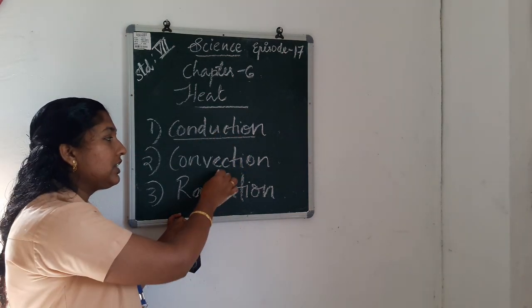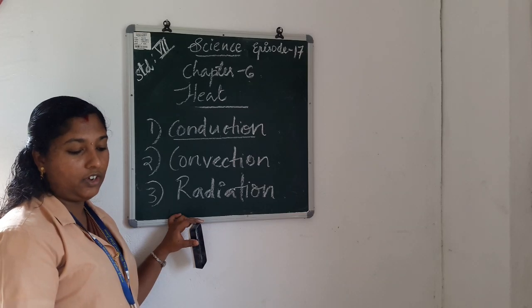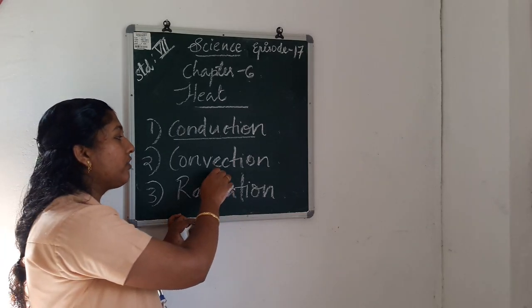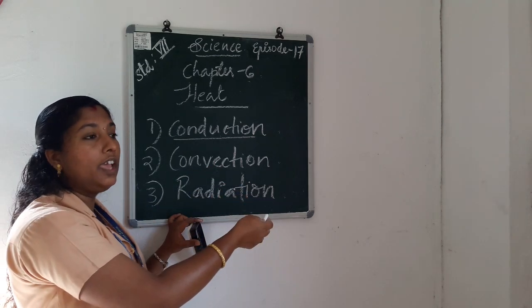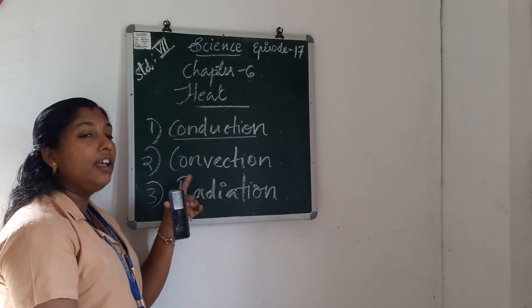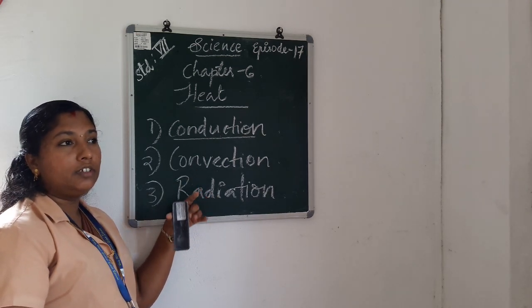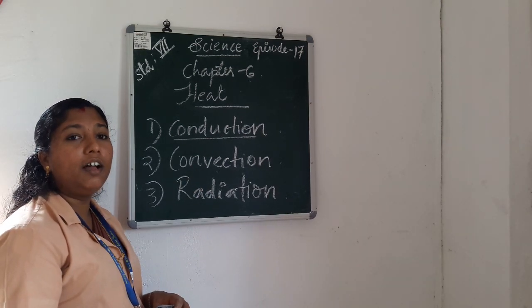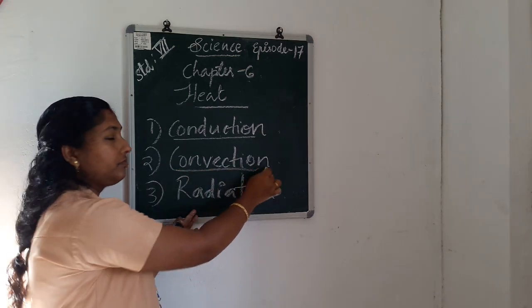What do you mean by convection? Convection is a mode of heat transfer from the hotter part of a fluid, a liquid, to the colder part of the liquid with the movement of the liquid itself. Heat transfer takes place in all liquids and gases through convection.